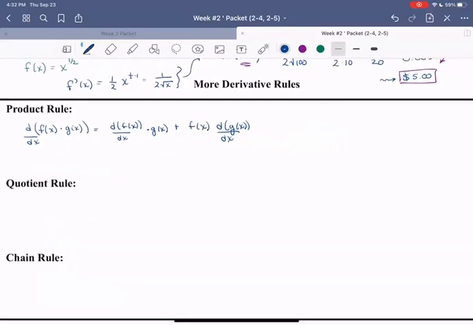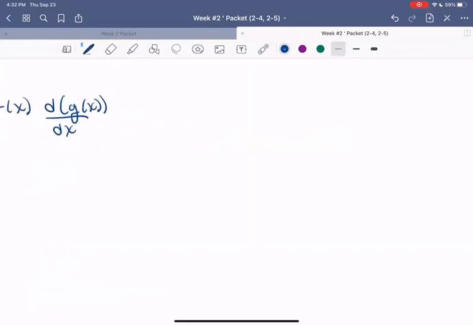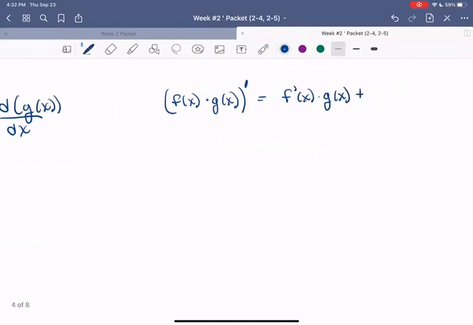So if we want to write this in a bit more clear notation, we could write our product, f of x times g of x. The derivative is equal to the derivative of f times g plus f times the derivative of g.